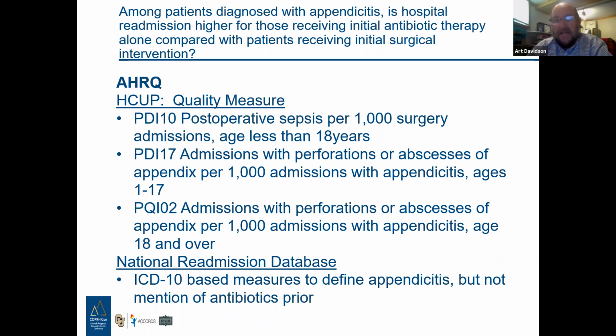In this second data point, admissions with perforations or abscess of the appendix was available also, or admissions below 18 and above 18. And they had another one, a readmission database, and you could look that up by ICD-10 code or procedural code for appendicitis. But none of the data sets that I saw really had anything about antibiotic therapy, and you couldn't really tell whether you had a preceding antibiotic therapy in any of these.